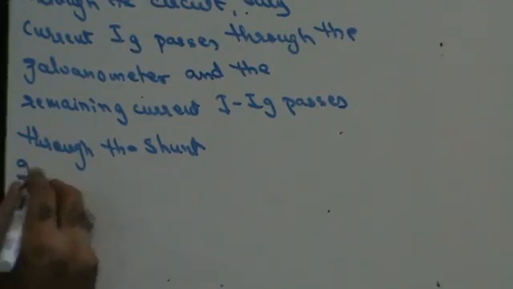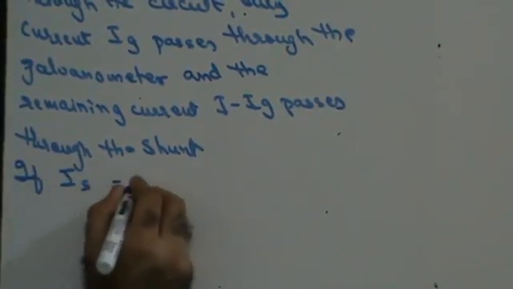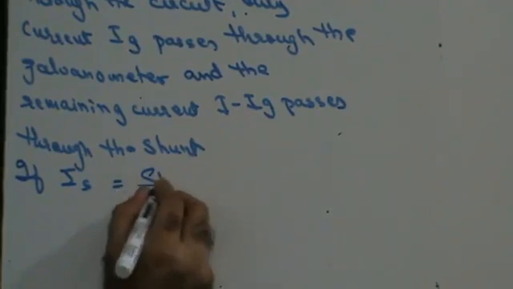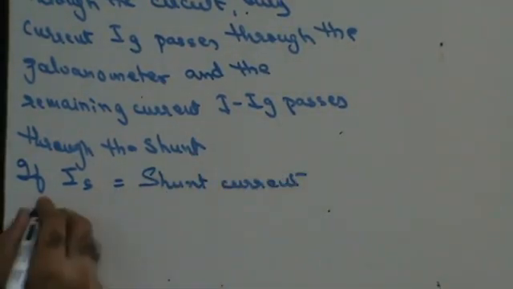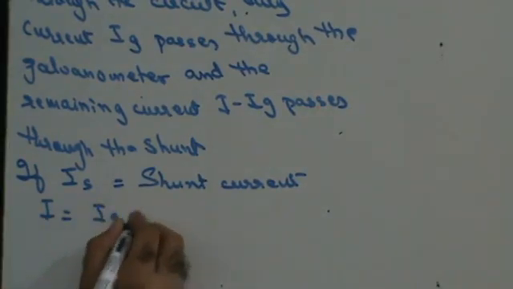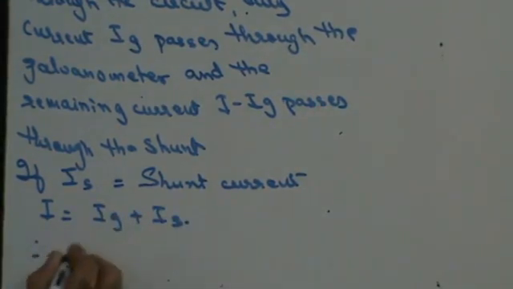Now let us say that Is is the shunt current. In that case I can say I is equal to Ig plus Is. Therefore Is is I minus Ig.